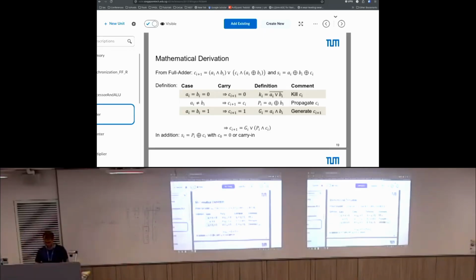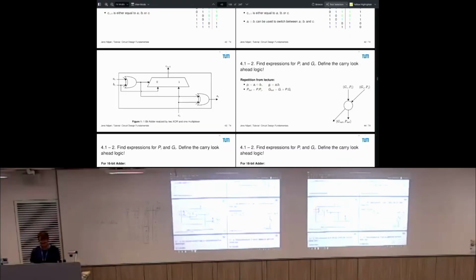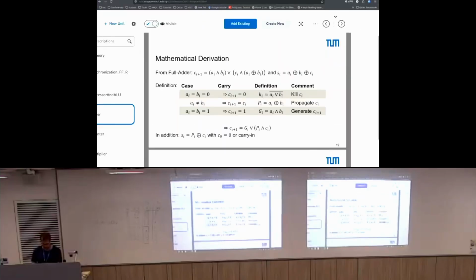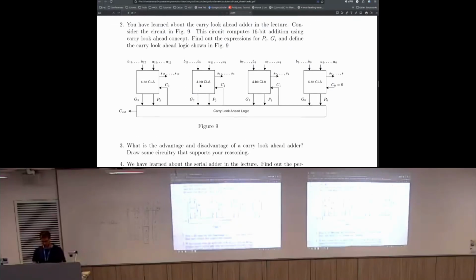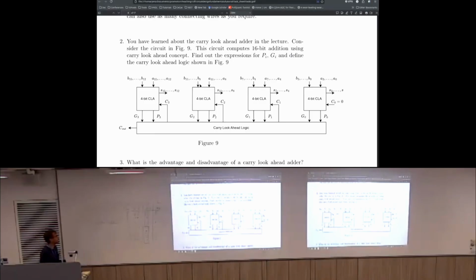All right. Maybe let's shortly have a look again at the task at hand. You already heard about the carry look ahead adder during the lecture, and we're now going to have a look at figure 9, which depicts a carry look ahead adder, but it is constructed using 4 4-bit carry look ahead adders to realize a 16-bit addition.